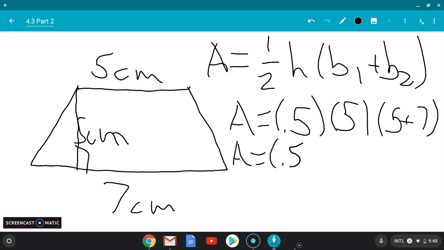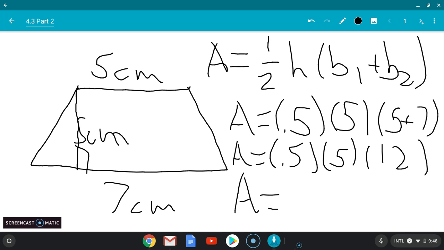So I'm still going to have 0.5 times 5, but 5 plus 7 is going to give me 12. All right, now I could just go ahead and enter 0.5 times 5 times 12 in my calculator, and I'm going to get an area of 30, and my units will be centimeters squared.